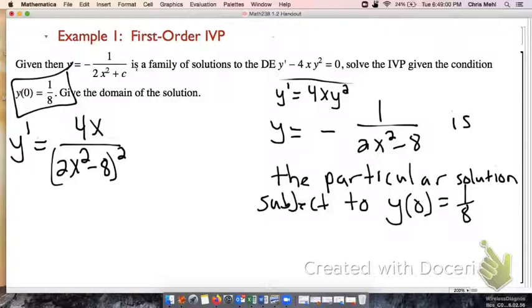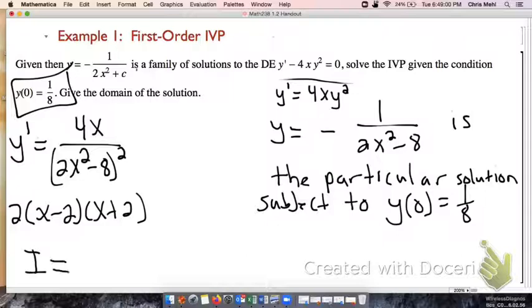Now if you look at the denominator, it factors as 2 times x minus 2 times x plus 2, and the only interval of the domain that contains 0, which I'm going to choose for my interval of solution, is minus 2 to 2.